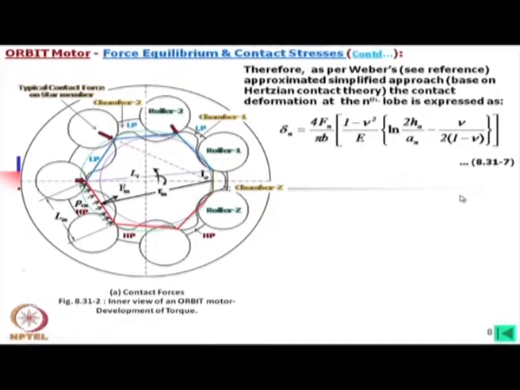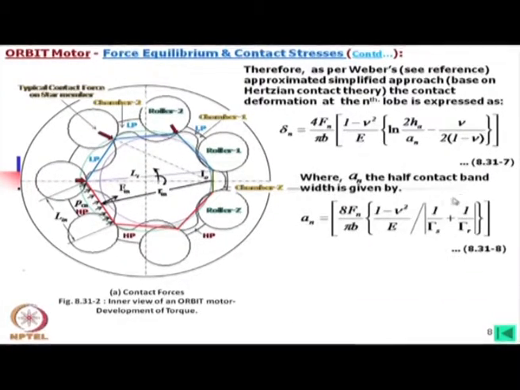Now, AN is the half bandwidth, which is given by this formula. This is from Hertzian contact stress theory, so this is perhaps known to you. We have only written in this form.